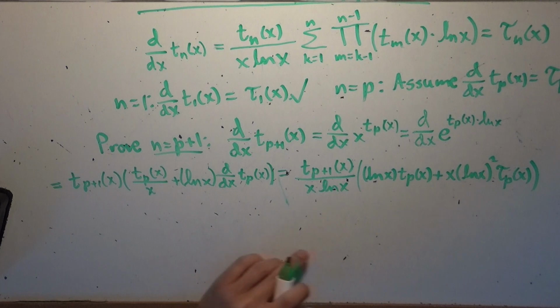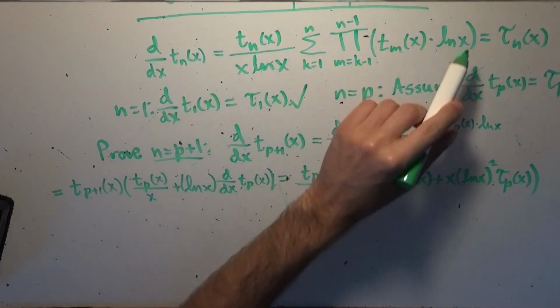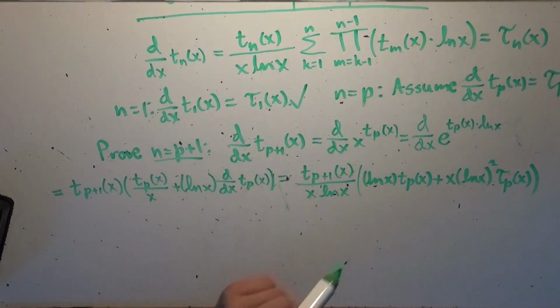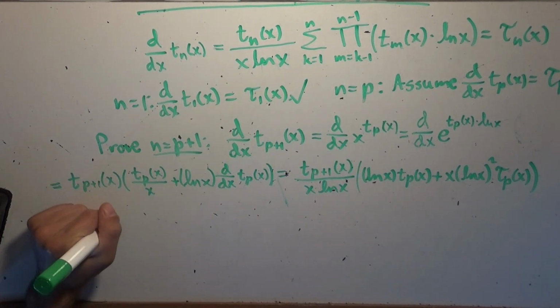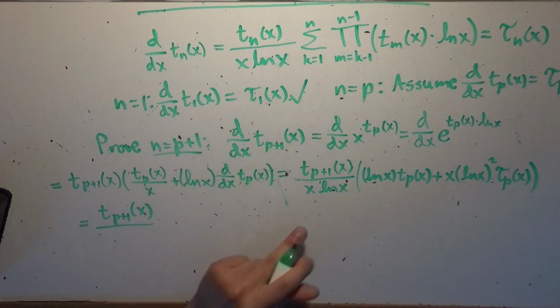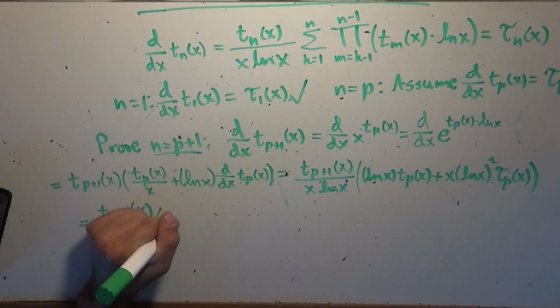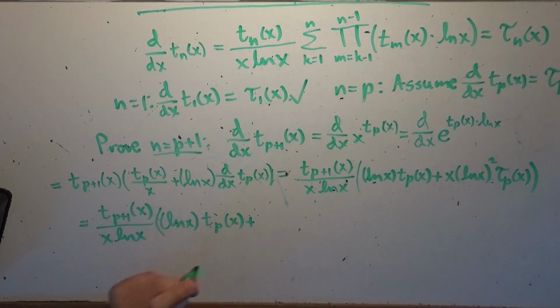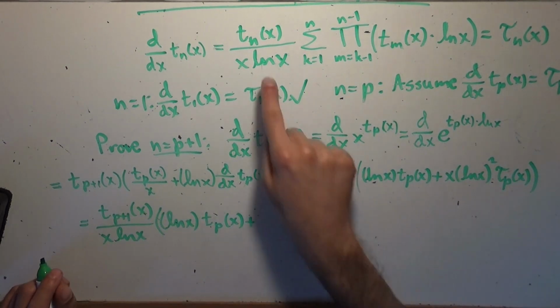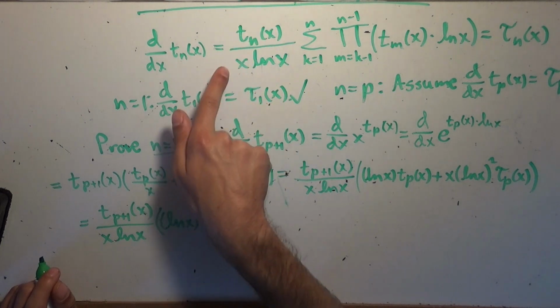So what is tau_p of x? Tau_p of x is just this equation with p plugged in wherever you see an n. So we end up with t_{p+1} of x divided by x log x times the log of x times t_p of x. Now out the front of tau_p is going to be t_p of x over x log x.